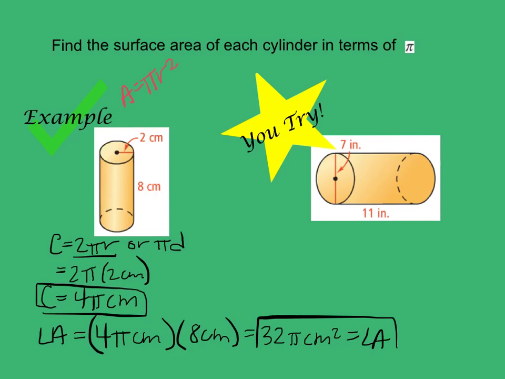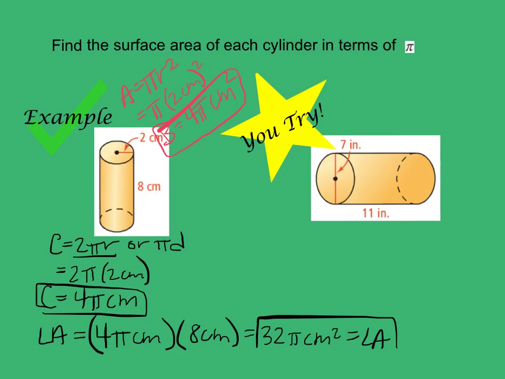So that's pi times 2 centimeters squared, which is 4 pi centimeters squared. That's the area of my base. And actually, instead of calling that capital A, we're going to call it capital B, because remember, it's the area of the base, so capital B.